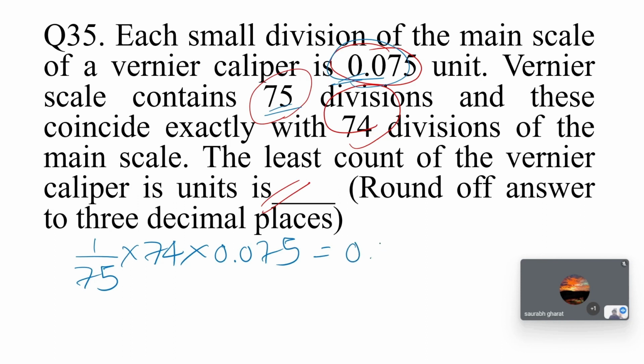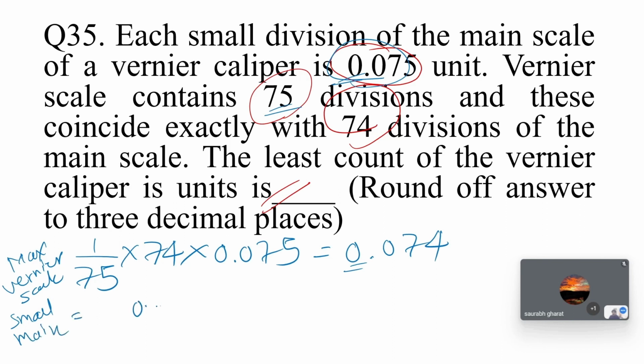So okay, what will be the answer over here? It is 0.074. Okay, what does that mean? It is the maximum on the vernier scale, and your smallest count on your main scale is 0.075.